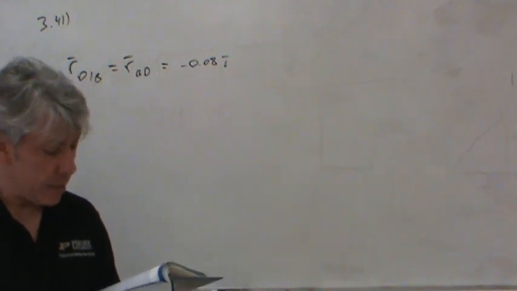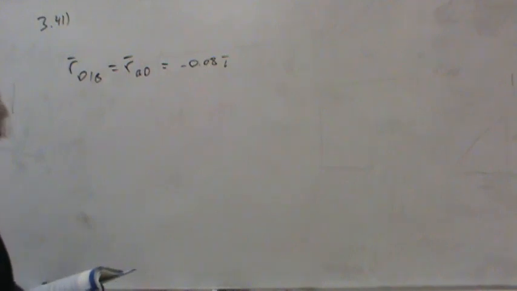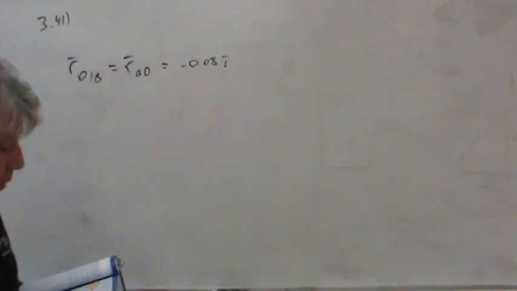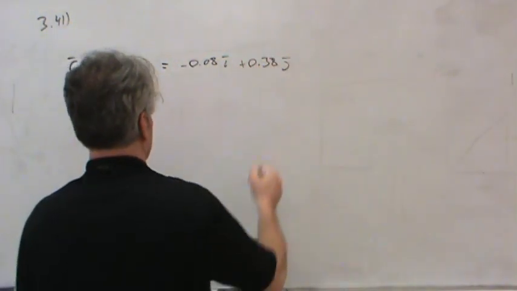How about B to D in the z direction? Well, let's go with y first. What would that be? Look at the stake drawing. I think it's 0.38 meters, isn't it? So plus 0.38 j.